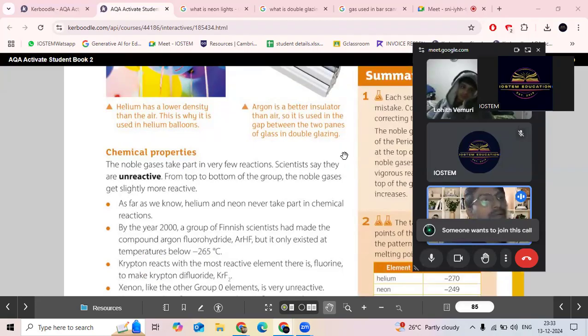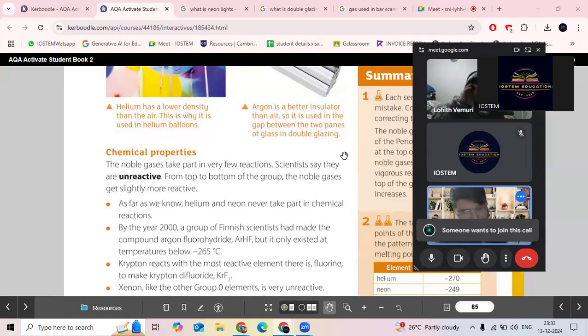But if you come from top to bottom, the reactivity increases. Although they are very unreactive, if you come from top to bottom, meaning neon, argon, krypton, and xenon, relatively they are a little better in reactions.